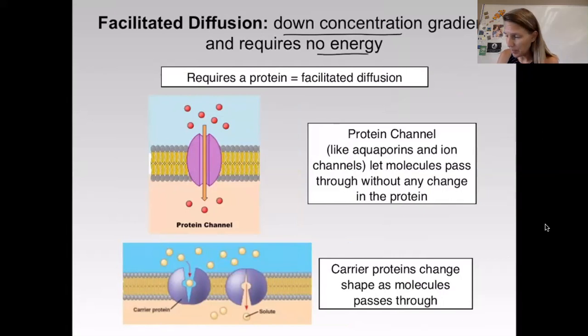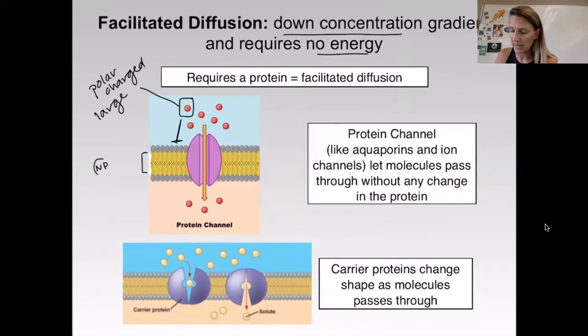However, these molecules, for example, would be either polar or charged or large. So they can't go directly through the plasma membrane, right? They get stopped by that non-polar tail barrier.